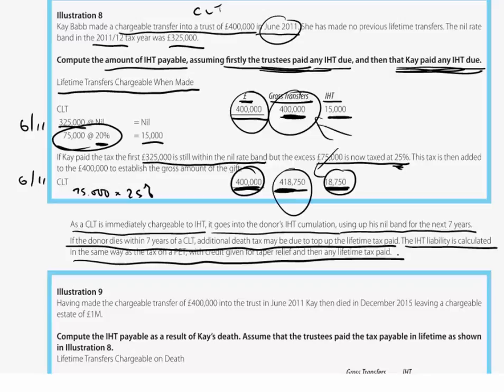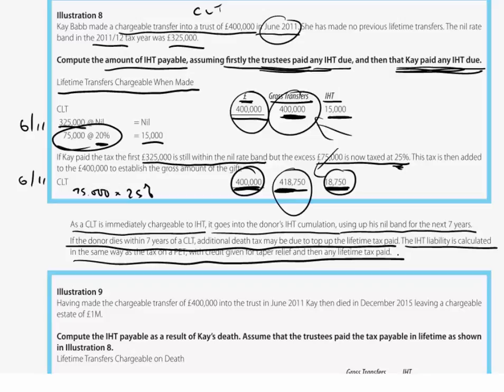But again, just to make that 7-year accumulation point, if you survived for at least 7 years, then the impact of the CLT would cease to have relevance for your IHT computations. The cumulative nature of this would then have gone.